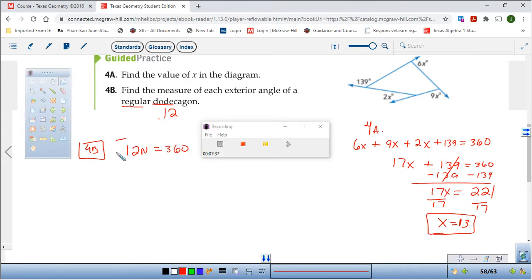If there are 12 sides, there are 12 angles. The 12 times n gives you the whole total, and since we're talking about the exterior angles, the whole total equals 360. So I'm going to set it up like that. Then we divide by 12 on both sides, and n is equal to 30.